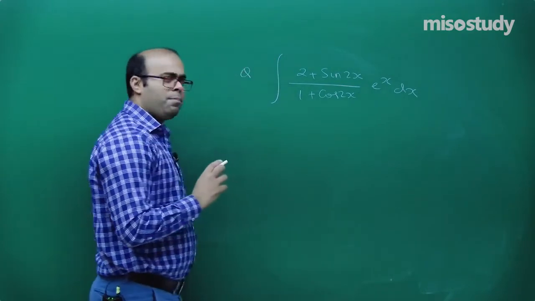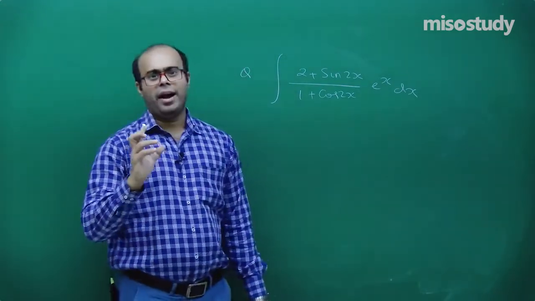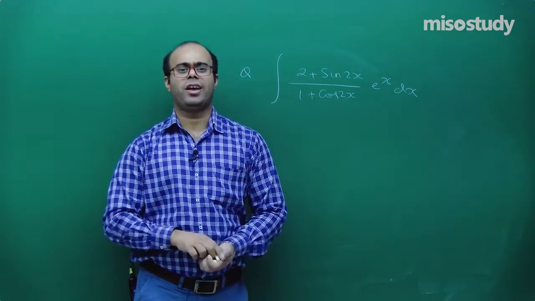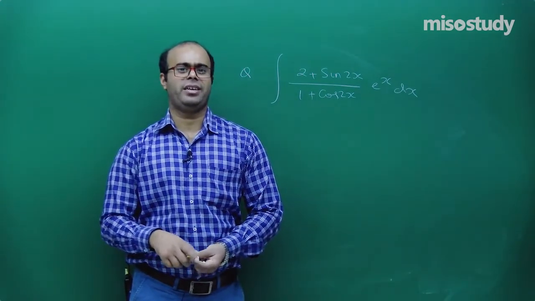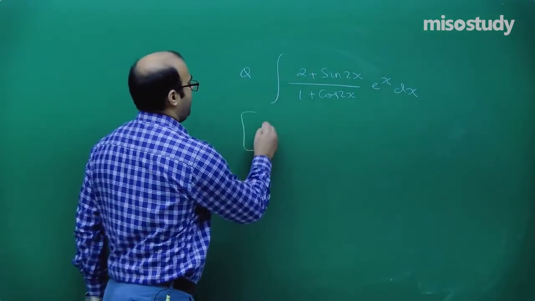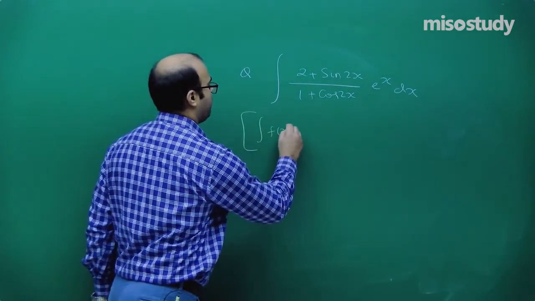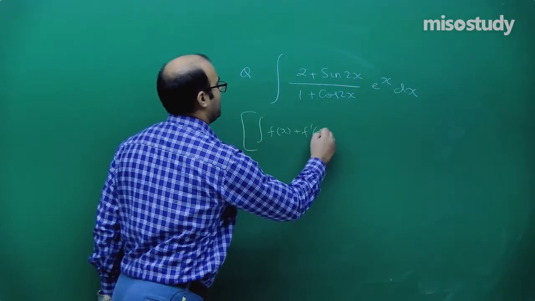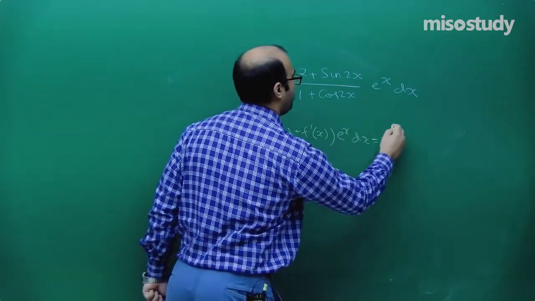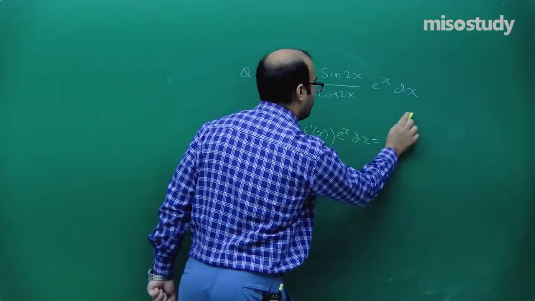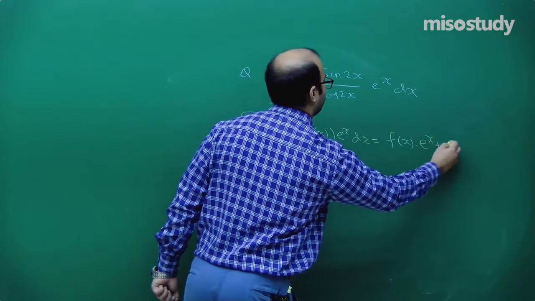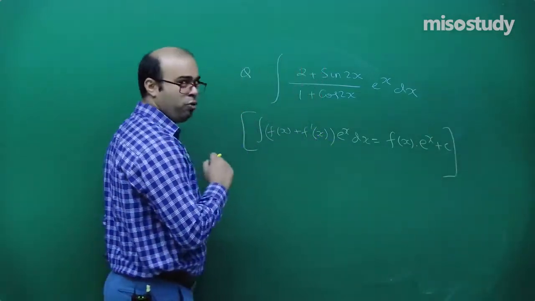So this type of question can remind you of some form. Have we studied some form of exponential function in indefinite integration? Yes, we studied. What was that form? Integration of (f x plus f dash x) into e to the power x dx comes out to be f x into e to the power x plus c directly, and we also studied the proof of this.